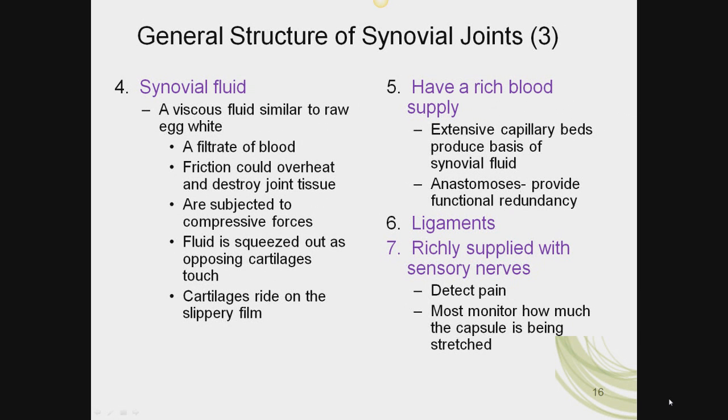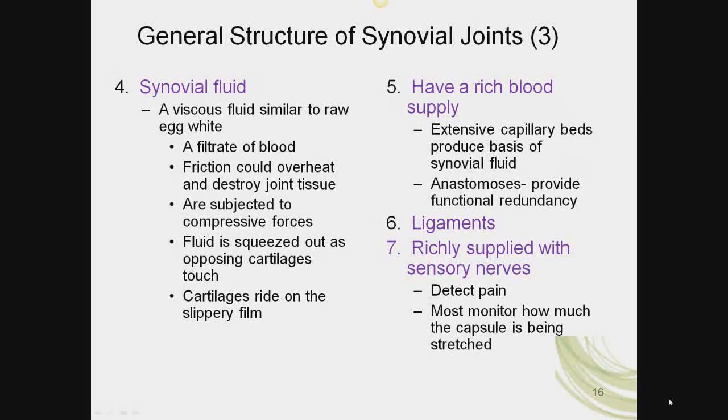There are also ligaments in a synovial joint. Ligaments are composed of dense, regular connective tissue. Ligaments connect one bone to another bone and strengthen and reinforce most synovial joints. Extrinsic ligaments are outside of and physically separate from the articular capsule, whereas intrinsic ligaments represent thickenings of the articular capsule itself.